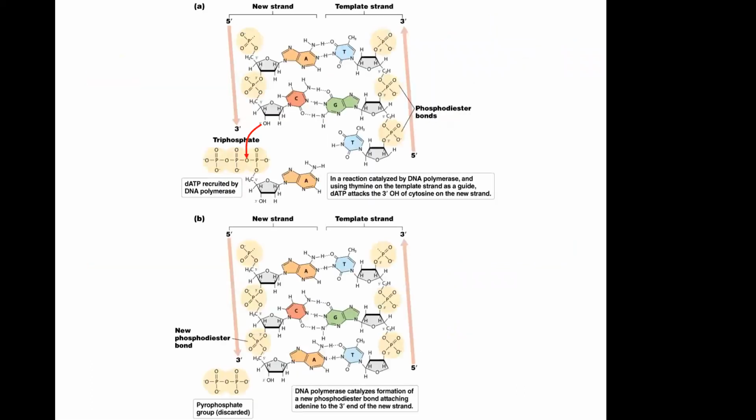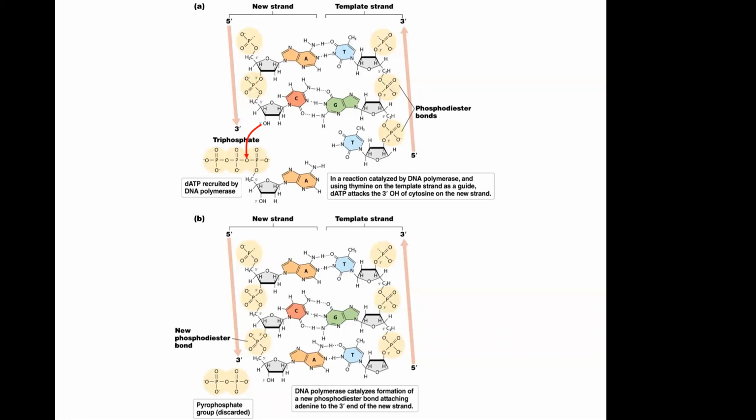DNA and RNA are both built the same way by enzymes that will attach a nucleoside triphosphate or deoxynucleoside triphosphate, whichever the case may be. Here we're doing DNA because we've got deoxys.